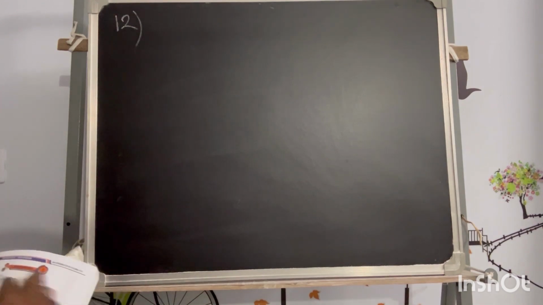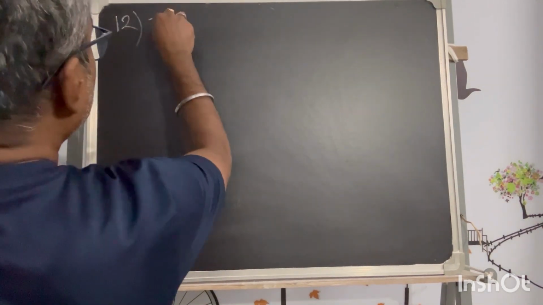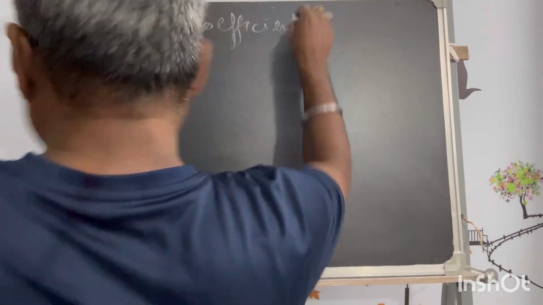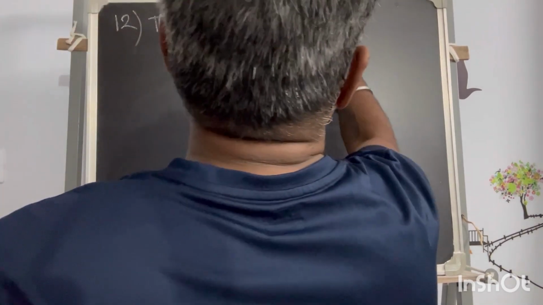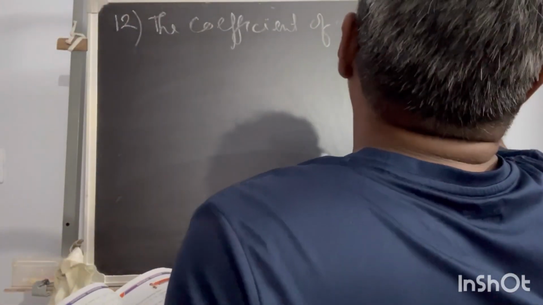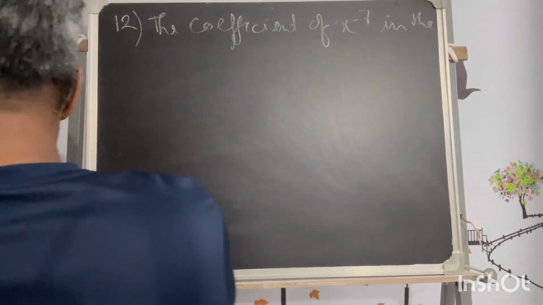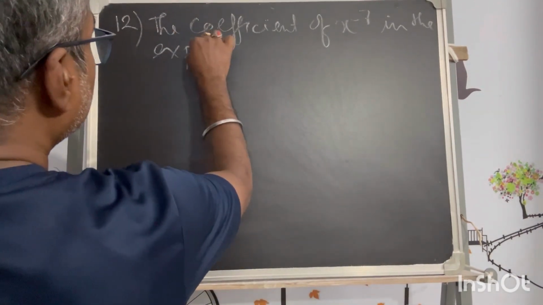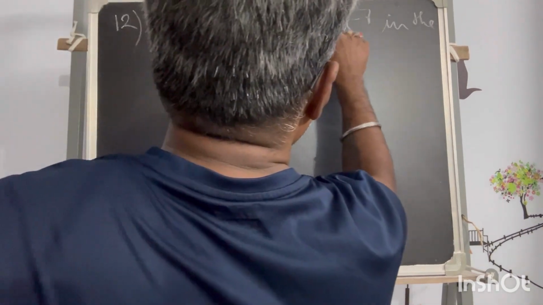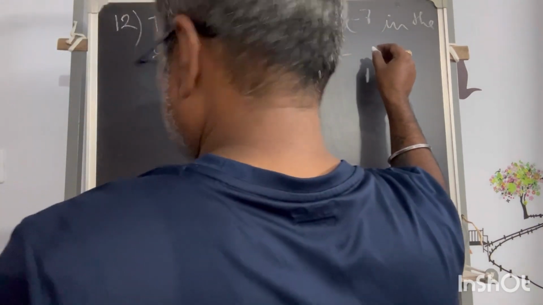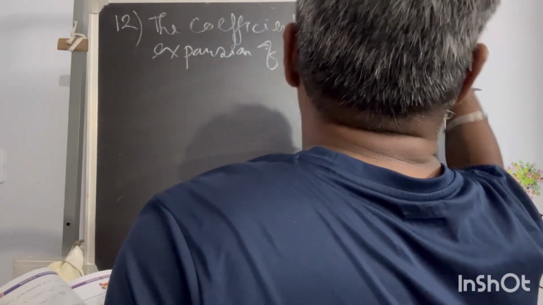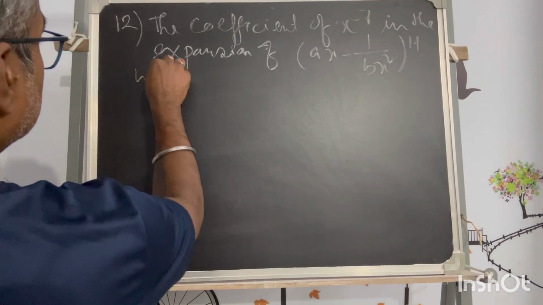Okay, the coefficient of x to the power minus 7 in the expansion of (ax minus 1 by bx square) whole to the power 11 will be how much?